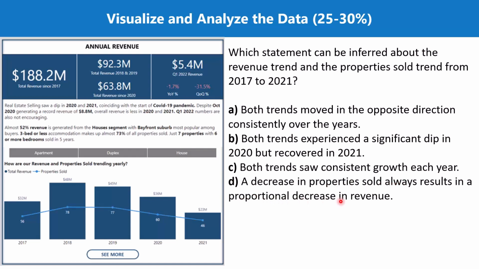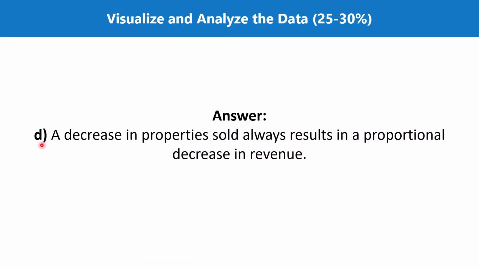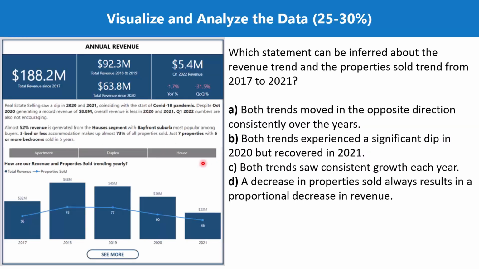So let's have a look at the correct answer. So the correct answer is option D. A decrease in properties sold always results in a proportional decrease in revenue. So if we have a look at this visual, which is a combo chart, we can see that the trend of decrease in the properties sold is always resulting in a proportional decrease in the revenue, which is easy to see and also easy to understand.